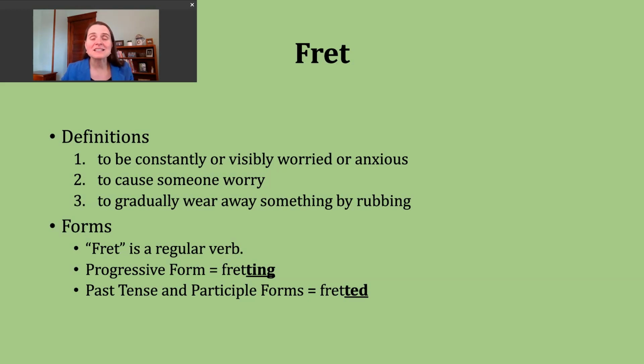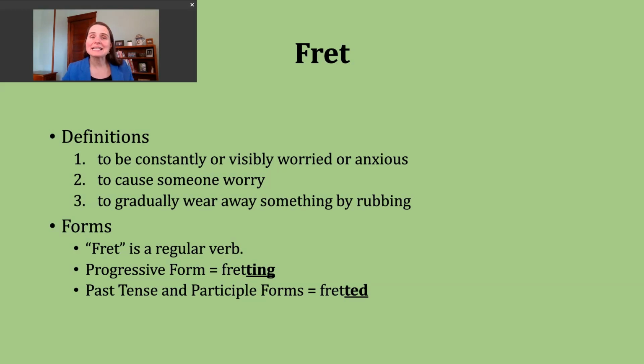What this means is I need to double the T anytime I'm adding a suffix that begins with a vowel letter. So you're going to see two T's before the ing ending to make fretting. You're also going to see a second T before the ed ending to make fretted.